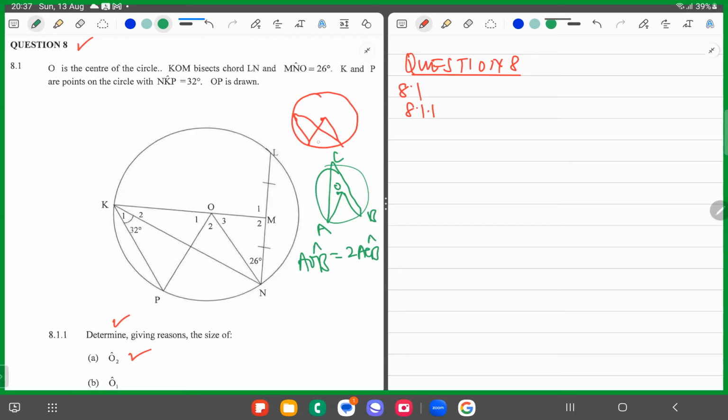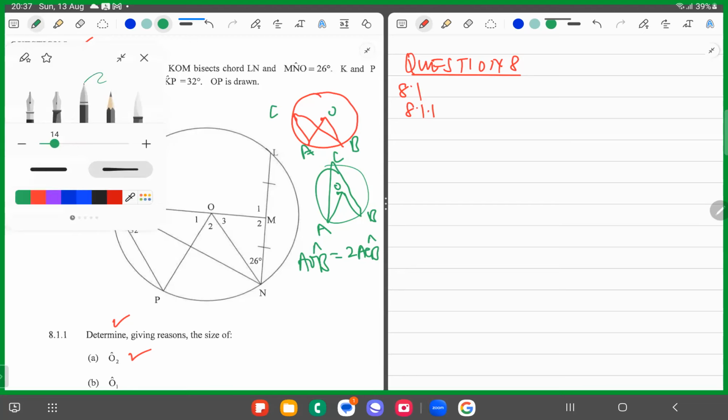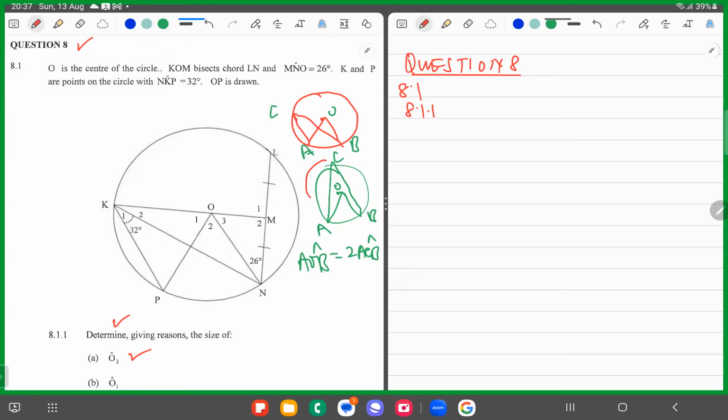In other words, this C can be moved. If it's here, it can be swung around so that it sits like there. And at that point, we can be sure that angle O2 is twice angle K1.